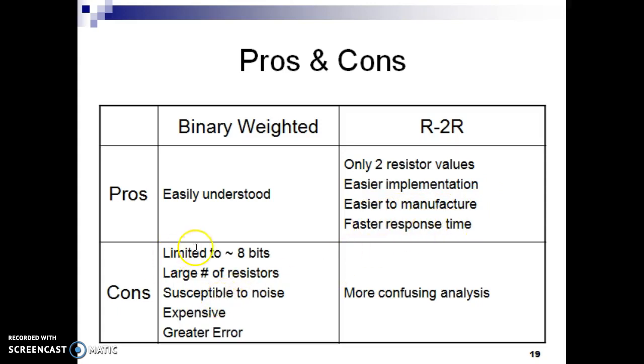But if you consider the binary weighted resistor method, it's limited to 8 bits resolution, and it requires a large number of large-value resistors. It also requires high precision, it's much more expensive, and there's a greater possibility of errors.